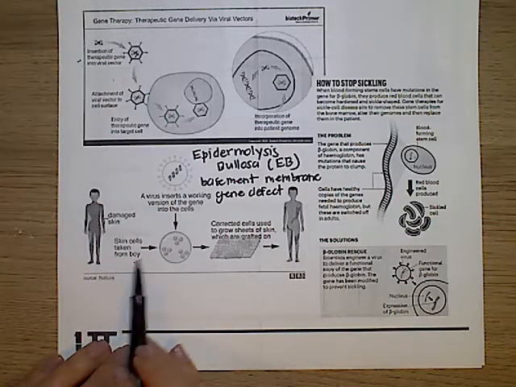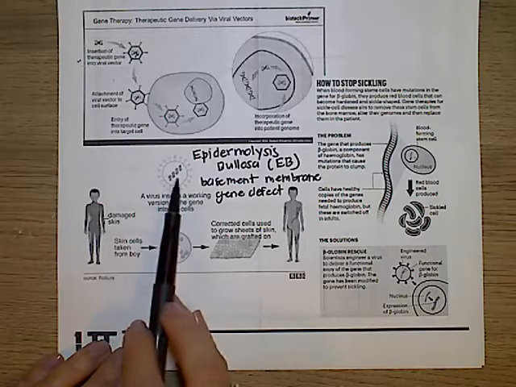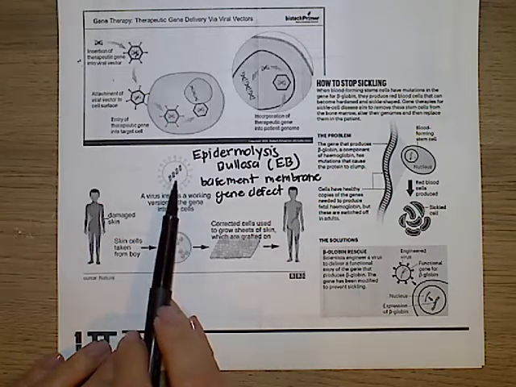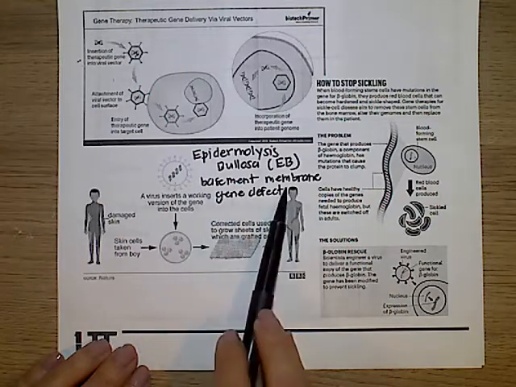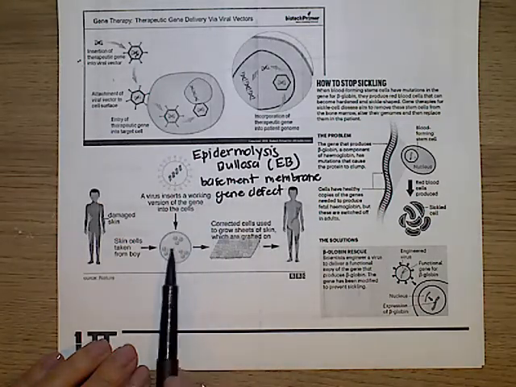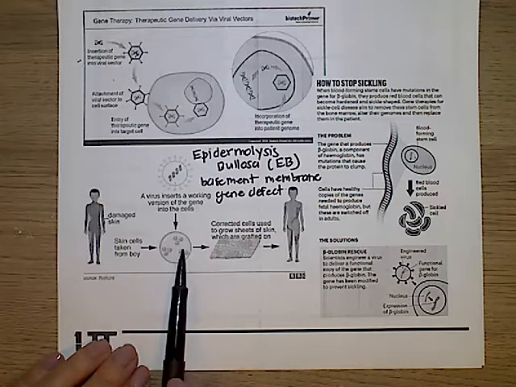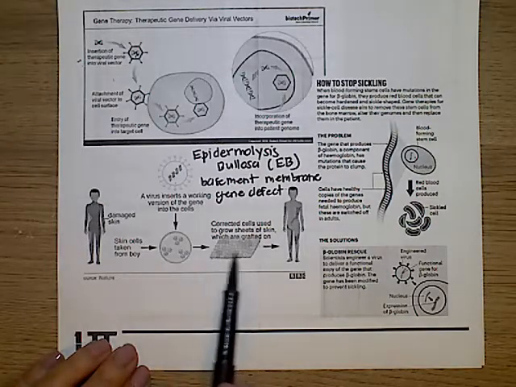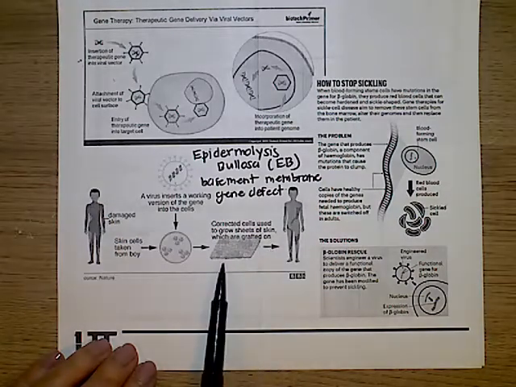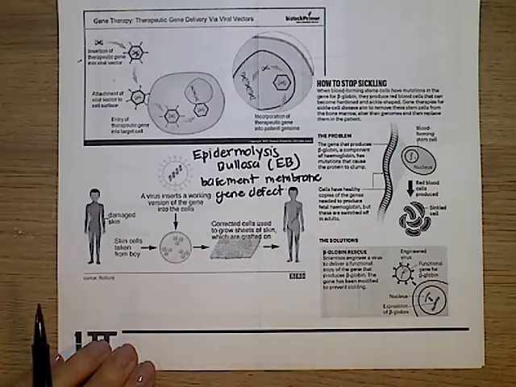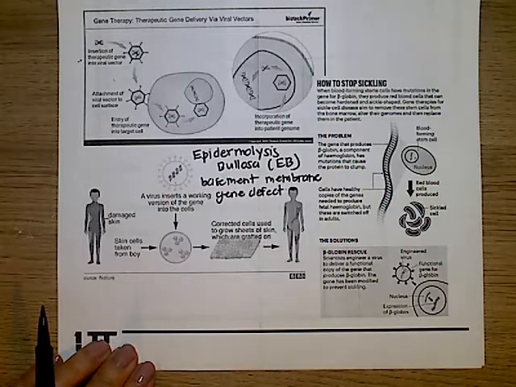They take skin cells from the patient and they put a working gene that is the correct version of that gene to form the basement membrane into the cells. It will incorporate it into its DNA, and then they can actually grow these corrected cells into sheets of skin and then graft them onto the patient, which is really cool.